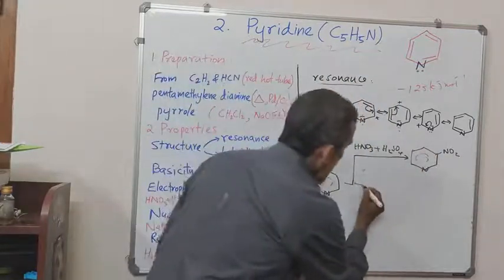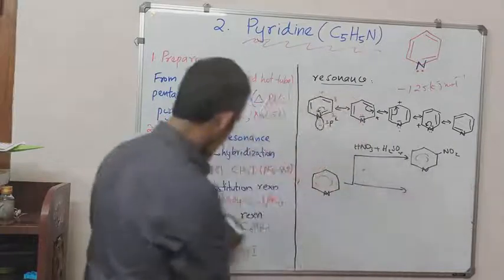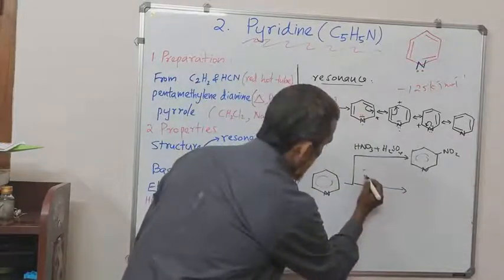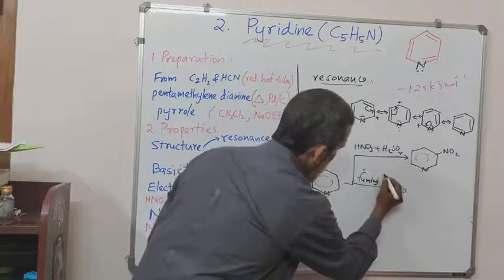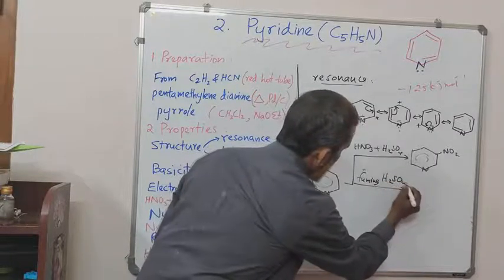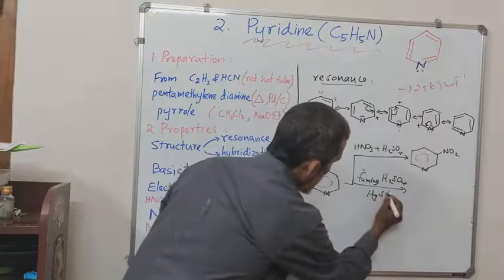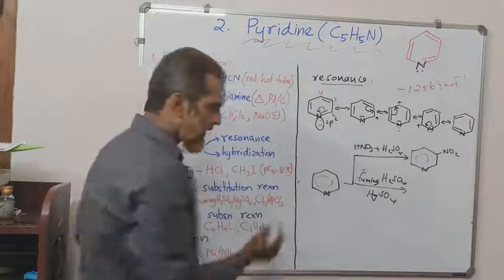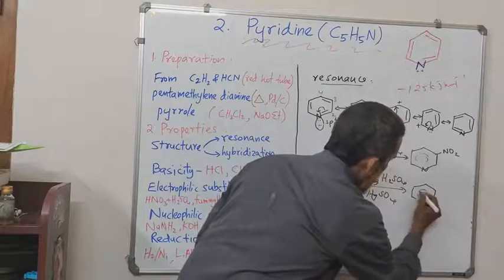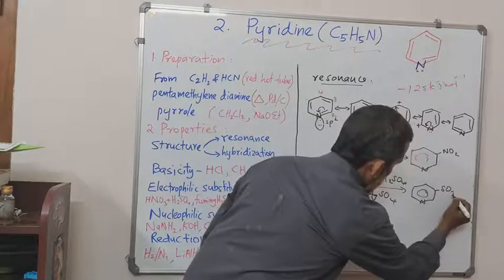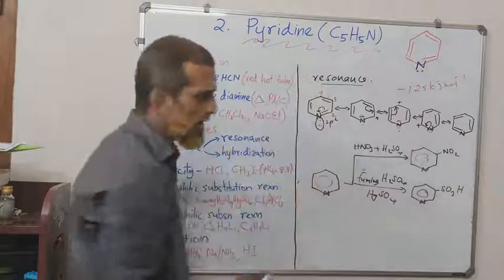3-nitropyridine. When treated with fuming sulfuric acid in presence of a little amount of HgSO4, which may catalyze the reaction, you get a sulfonic acid group attached at position 3. So what's the name of this compound?